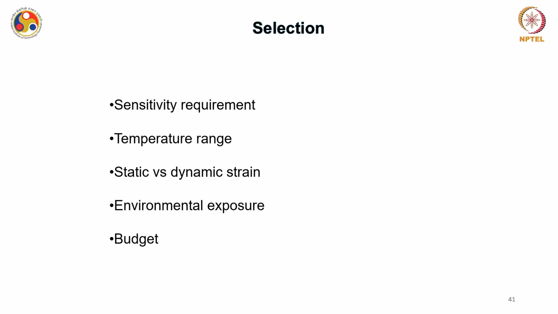Okay, and ultimately it will also depend on the budget in which you want to get these strain gauges, like semiconductor strain gauges come at a little higher cost as compared to the other strain gauges that we have seen, but then they have several advantages, particularly in terms of sensitivity requirement of the end user and so on, right.